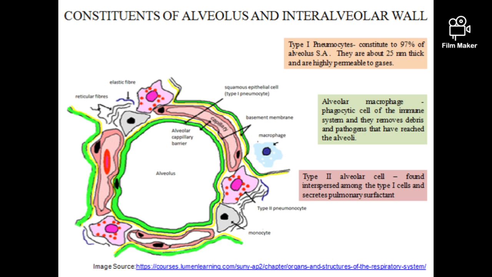These surfactants are responsible for maintaining the surface tension to keep the alveolus non-collapsible during the cycles of respiration. This I keep on saying in all the slides. So I want you all to go back to understand the constituents of the surfactants and their role in a detailed manner.